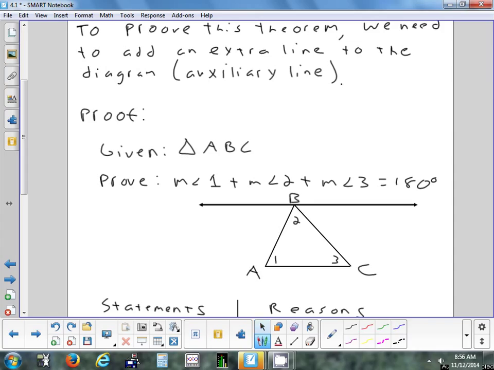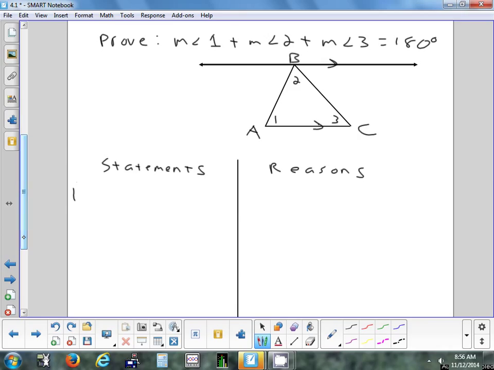And what I'm going to do is construct that line so that it is parallel to AC. Why can I do that? I could construct it. We learned at one point how to construct a line parallel to a given line going through a certain point. So that would be a construction. Okay, so let's write down our statements.